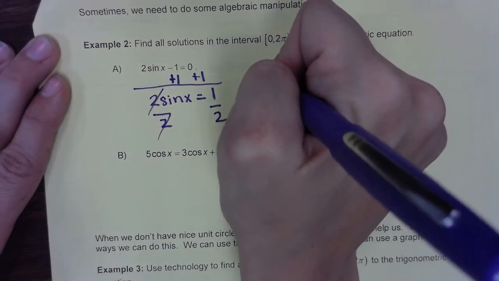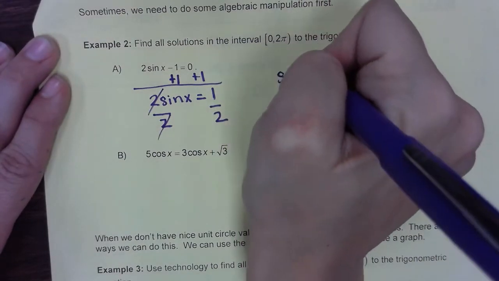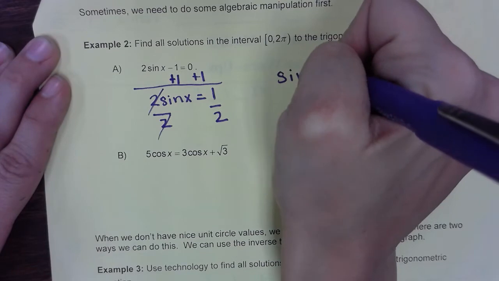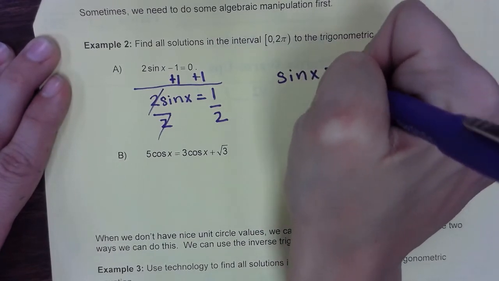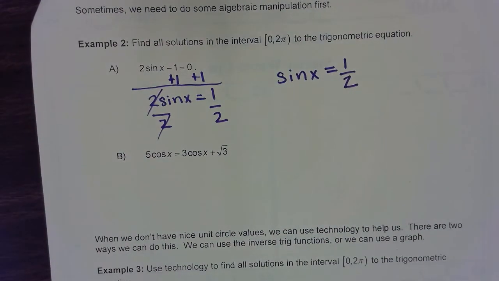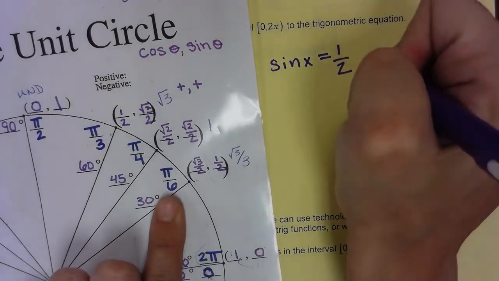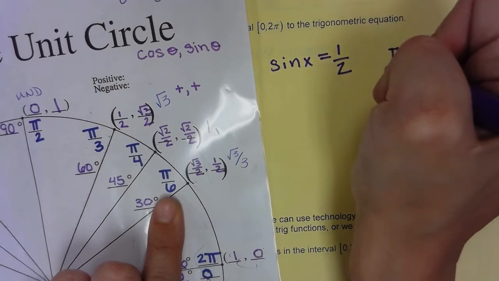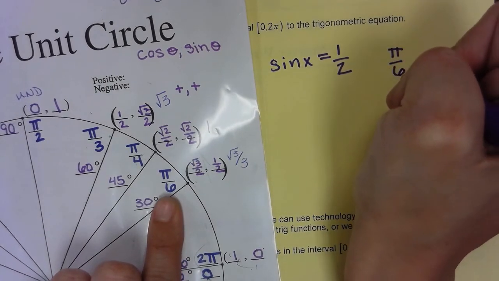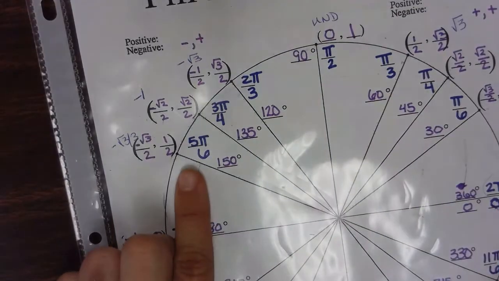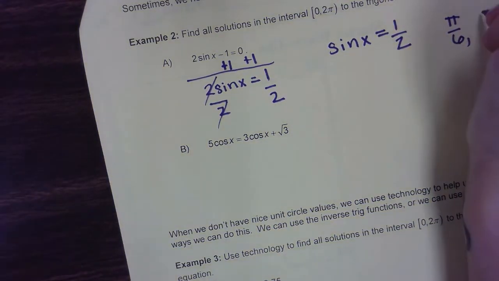So I'm left with sine x equals 1/2. Now I can use my unit circle and find where sine would equal 1/2. So again, we have pi over 6 and 5 pi over 6.